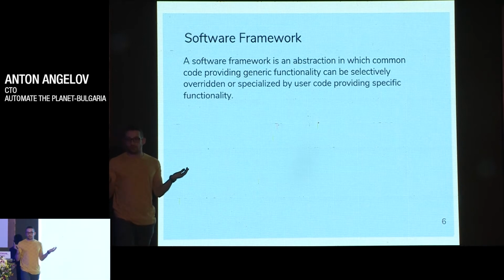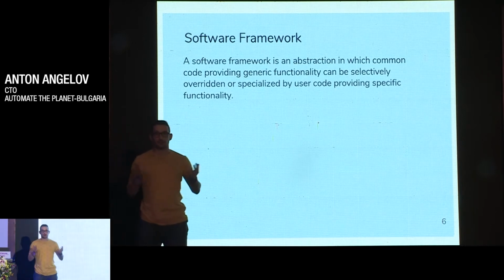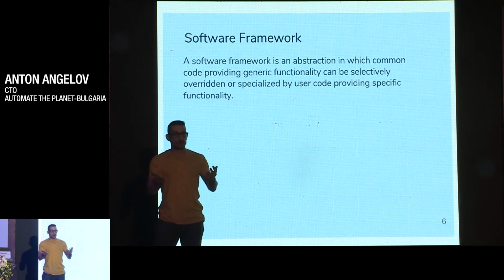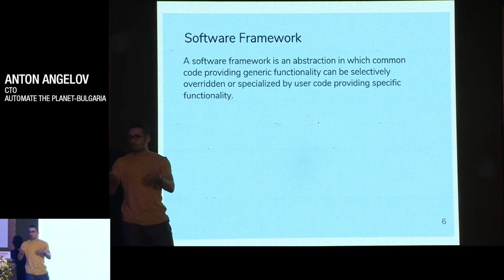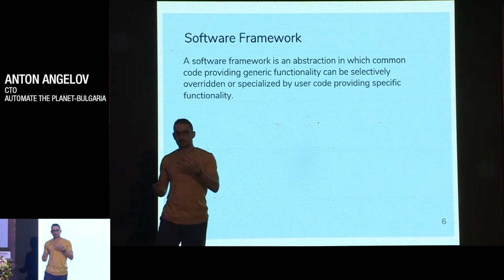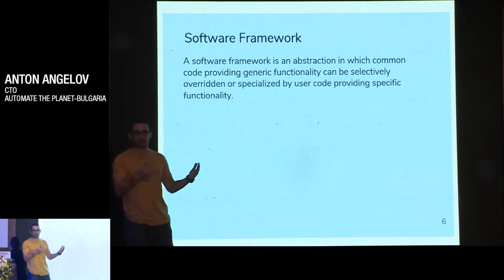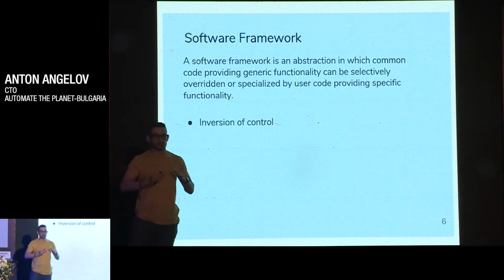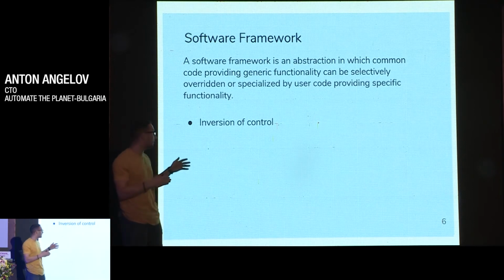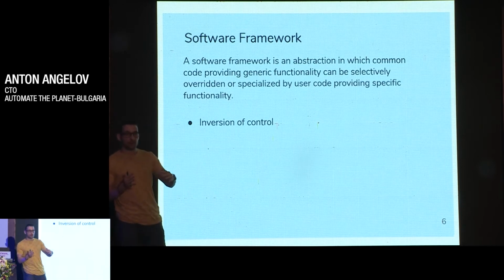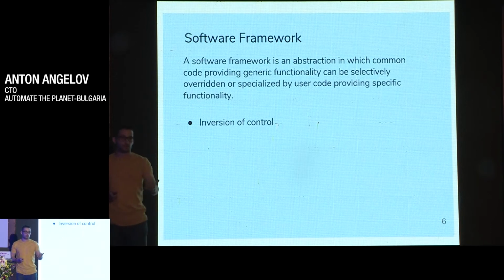A software framework is something more abstract and generic. If it's not working for you, you can customize it by overriding or changing its behavior a bit. There are 4 major things that differentiate a software library from a framework. The first one is called inversion of control. This is not like inversion of control containers; rather, here the framework is managing the program flow, and when you use a library, you are controlling the program flow.